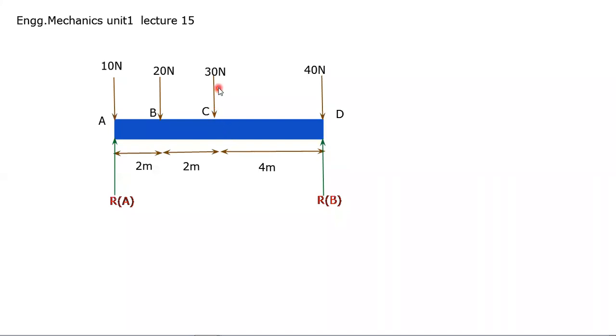Therefore, all the loads will exert an equal and opposite reaction. All forces are acting in the downward direction, and the beam is supported at point A and at point D. So from points A and D, there will be some reaction in the opposite direction, that is in the upward direction, and that we call the support reaction.